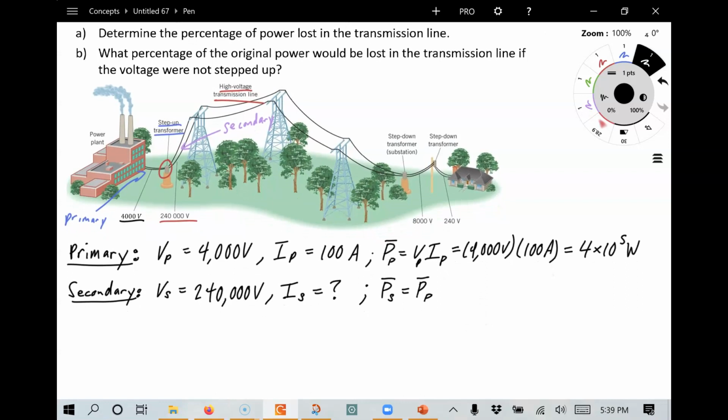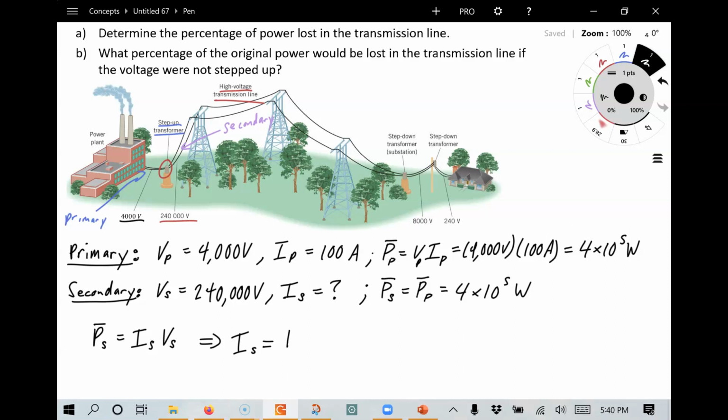So using this equation where the two powers are the same, we're going to be able to now figure out what the current in the secondary is equal to, right? So the power in the secondary is equal to the current in the secondary times the voltage in the secondary. And to solve for the current in the secondary, just do a little bit of algebra.